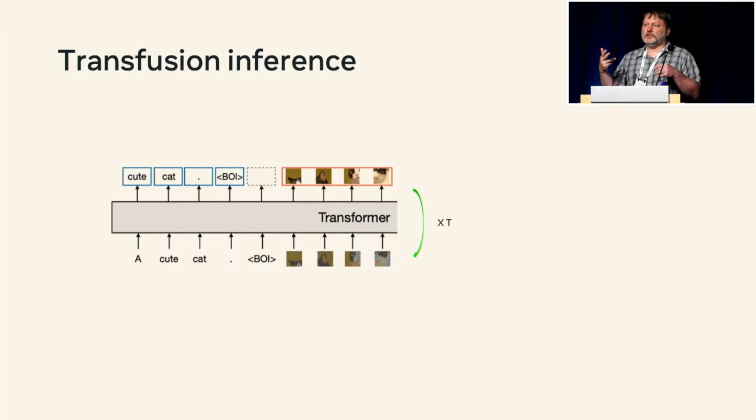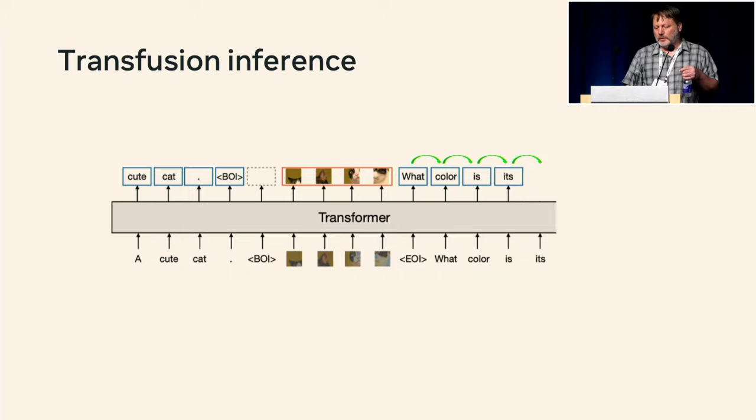But crucially, each iteration of that diffusion gets to attend back to all the previous tokens, including text, including previous images, and so forth. And then you can switch back and forth between those modes and do your full generation. Okay? So that was our, I'm sure you could do better, but that was our approximation to the simplest hybrid we could think of.